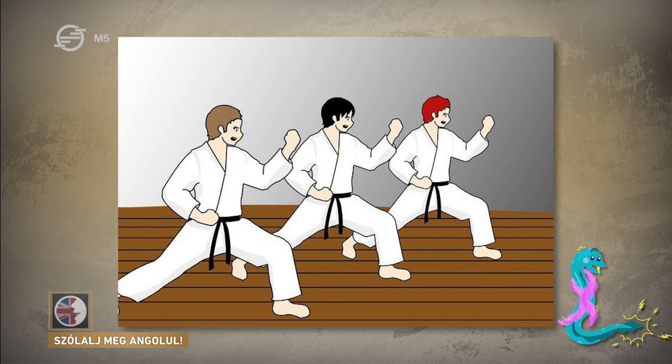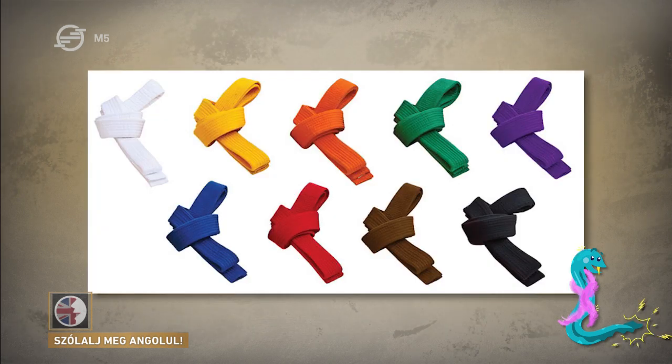So the best way to tell people about your skill in martial arts is to use the belt system. In martial arts, there are different colored belts. They show how skilled a person is.